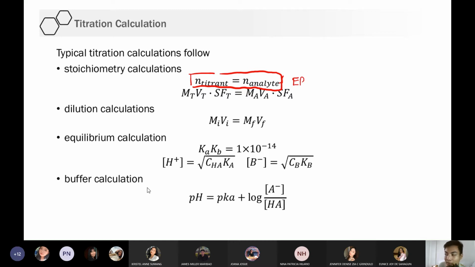So, kailan gagamitin tong Henderson-Hasselbach equation? When you have acid and its conjugate base. No? O kaya may base ka and the conjugate acid present in your solution. Okay? So, all these 4 equations will help us in titration calculations. Okay? So, lahat yan magagamit natin sa titration calculation.